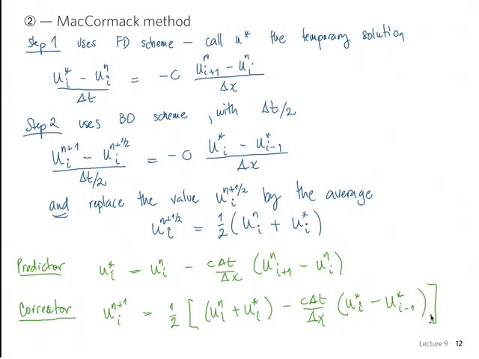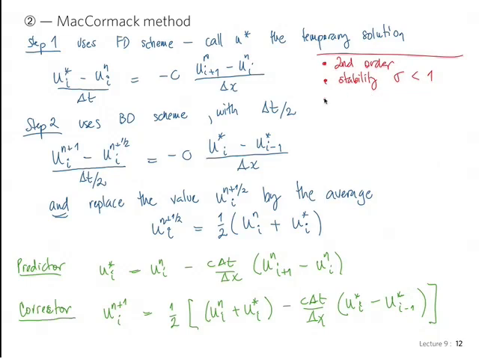Again, this is a second order method, with stability requirement that the Courant number be less than 1.